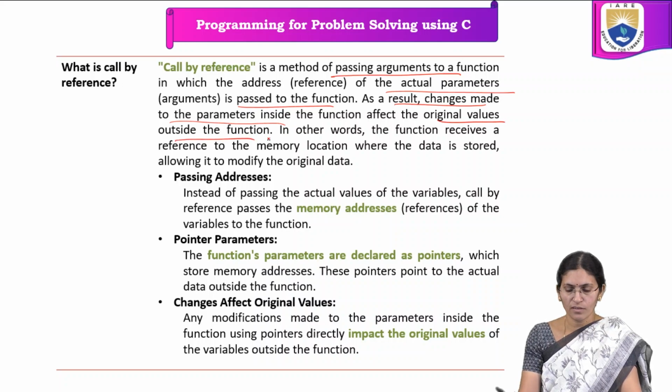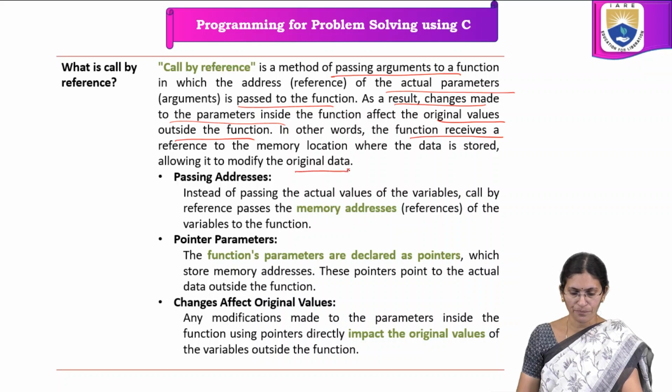In other words, the function receives the reference to the memory location where the data is stored, allowing it to modify the original data. That is the concept of call by reference. Instead of passing actual values, call by reference passes the memory address of the variables to the function.